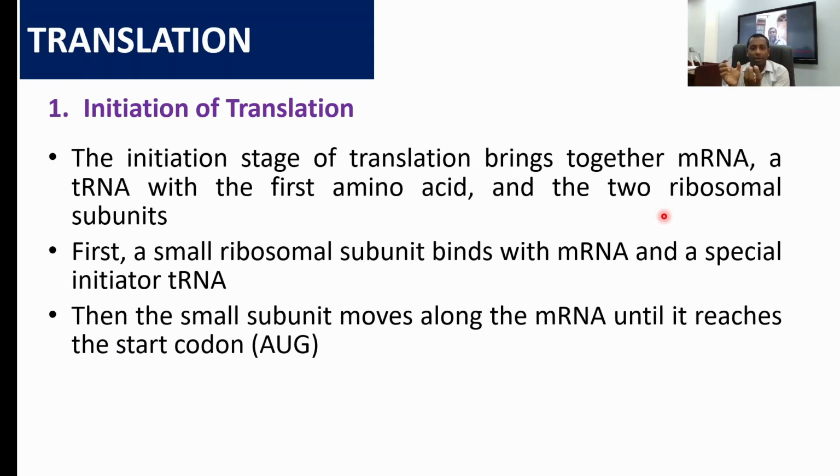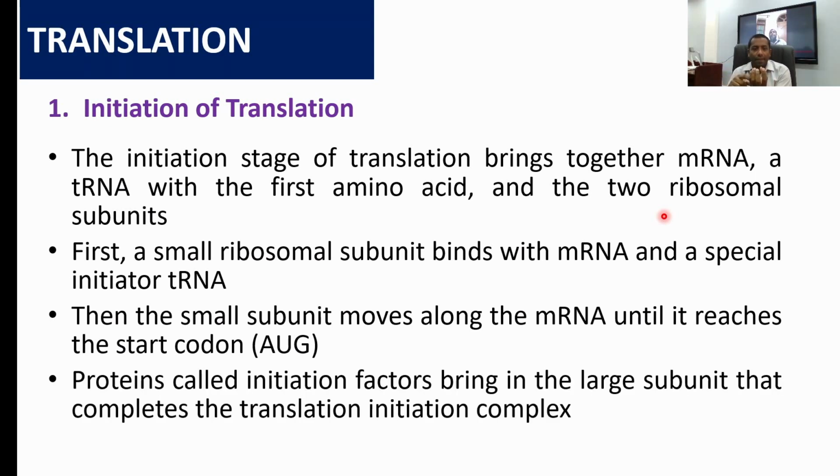Once it finds that AUG code, it stops there. Then proteins called initiation factors bring the large ribosomal subunit and complete the translation initiation complex.